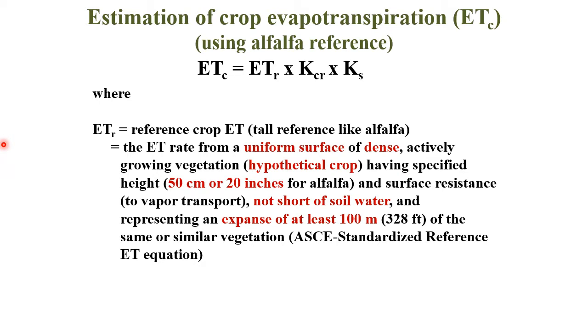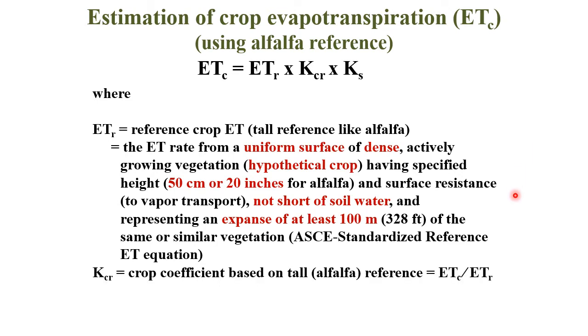The red text in this definition represents the assumptions that go into the calculation of this reference ET. This reference ET is then multiplied by a crop coefficient, Kc, which scales down the level of ET to the actual level of the crop that's being estimated.